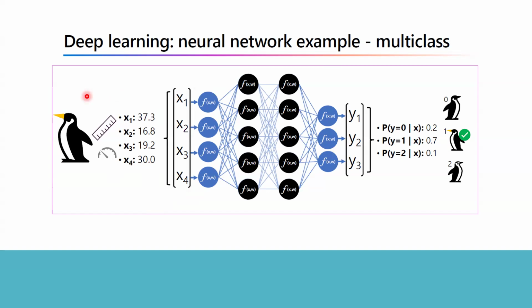So how many attributes do I have for an image? 500 into 500, that will come to 25 into 10 to the power 4. These many features, these many x1, x2, x3, x4, up to 25 into 10 to the power 4. With these many features, my traditional machine learning models will not work.